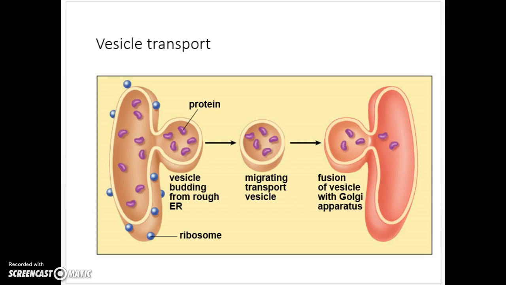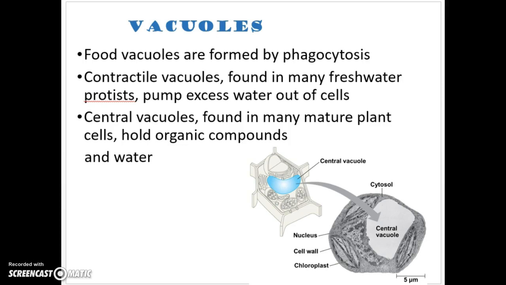So I want to look at the vacuole in particular. Vacuoles are found in both plant and animal cells, and it's a type of vesicle with a specialized function depending on where it is. If you have a vacuole in an animal cell, it's usually very small.